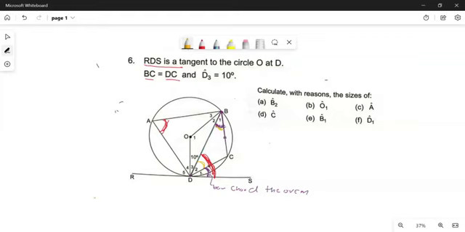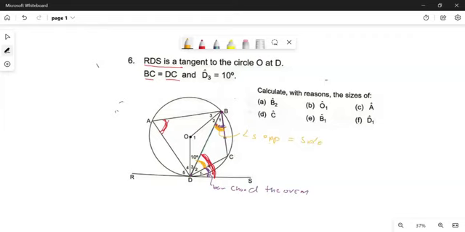Let's just check. Why am I saying that? Why are these two angles equal? They're angles opposite equal sides. So they can be angles opposite equal sides, or they can be equal chords subtend equal angles again. But because this is a triangle, we say this one is angles opposite equal sides.